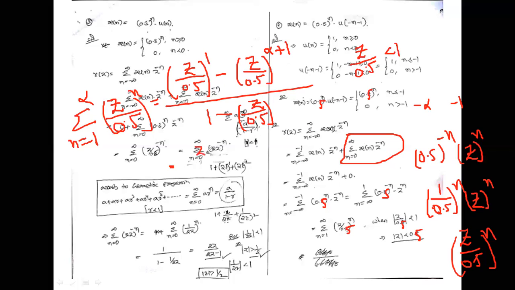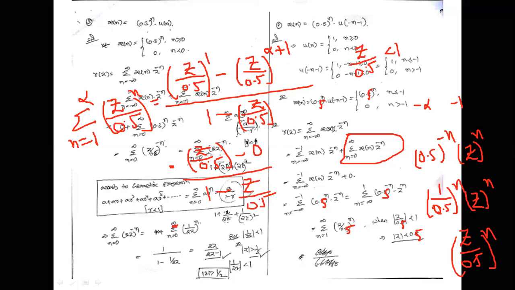So you can simplify: z by 0.5 whole power 1, minus anything power infinity is 0, whole divided by 1 minus z by 0.5.